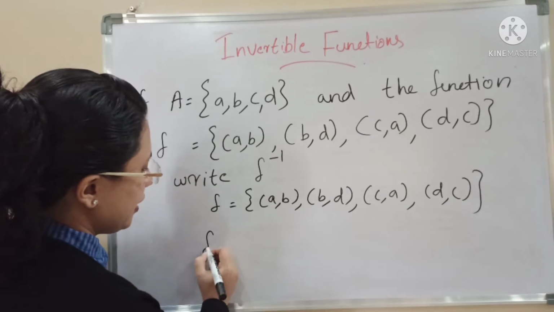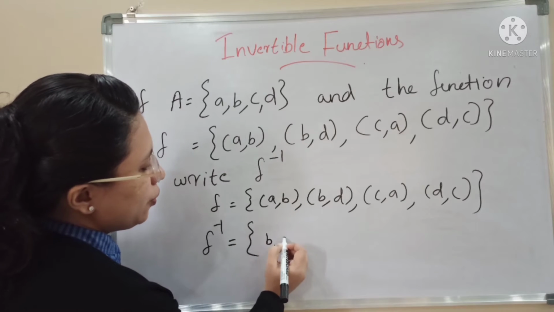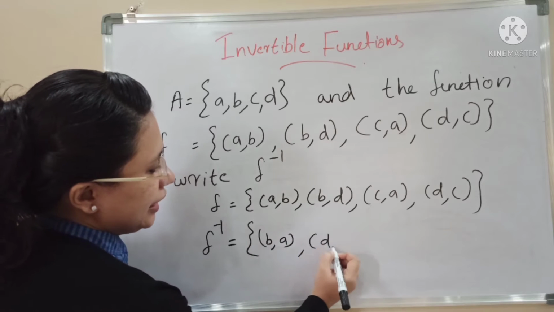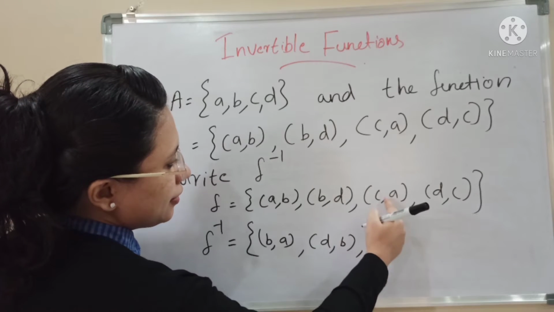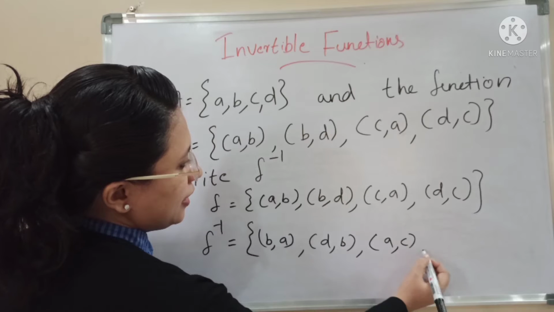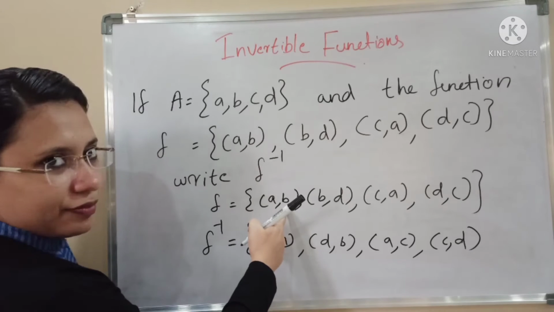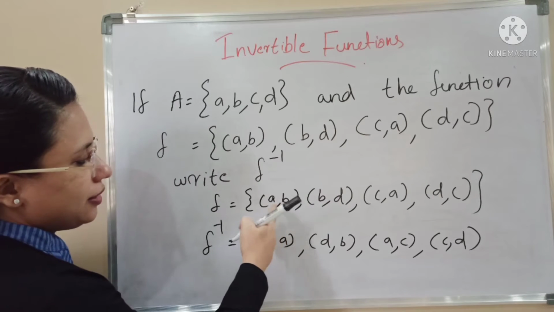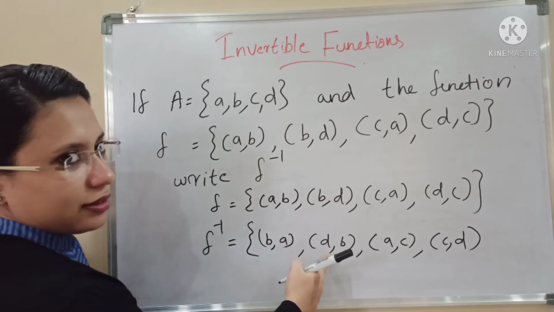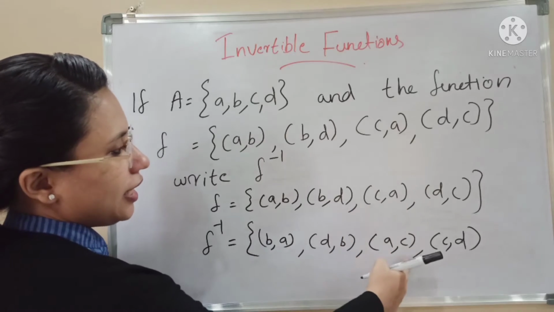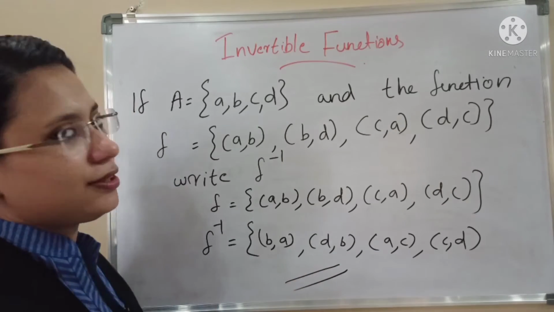How to write that? f inverse will be equal to, invert these elements: (b,a), (d,b), (a,c), finally (c,d). Clear? We have inverted these elements. So b comes first, then a, (a,b) turns to (b,a), (b,d) will turn as (d,b), (c,a) as (a,c), (d,c) as (c,d). So this is our f inverse.